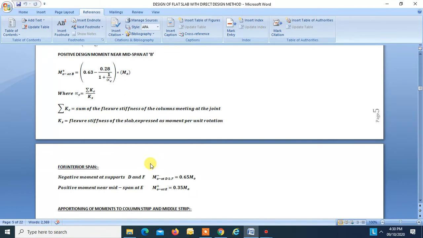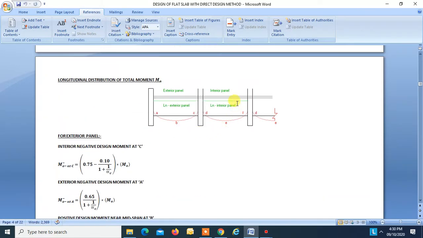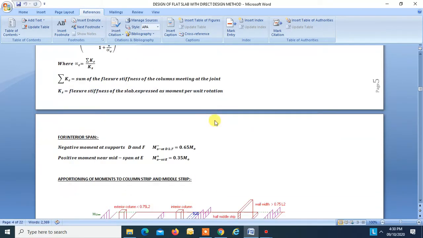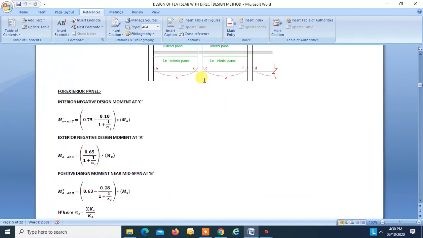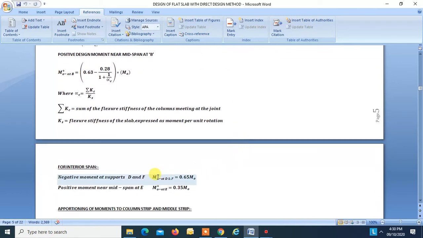Now, coming to the interior span. This is our interior span. Negative moment at supports D and F has to be 65% of the total moment.